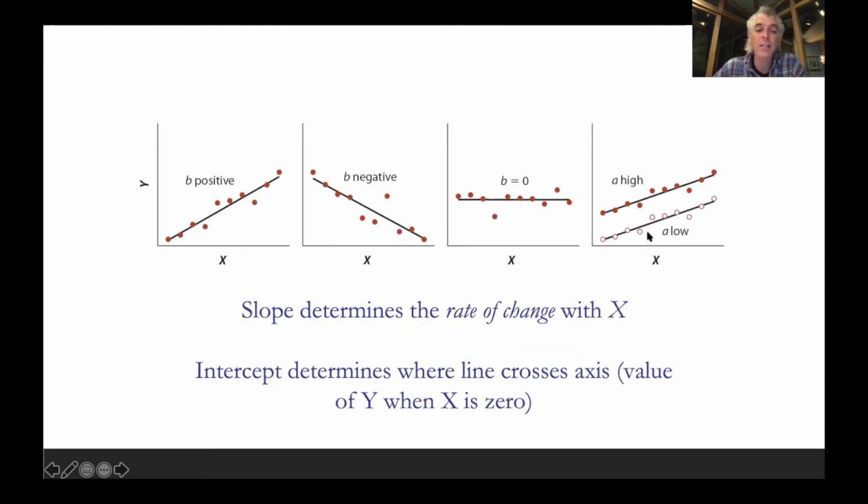In contrast, the intercept just determines where the line crosses the y-axis. That is, the intercept is defined to be the value of y when x is equal to 0. Another way to think of it is that the intercept represents the height of the line. So in the far right plot, the solid dots have a higher intercept than the open dots.